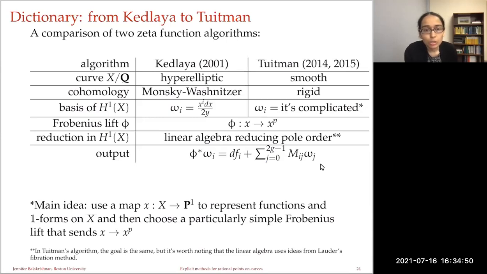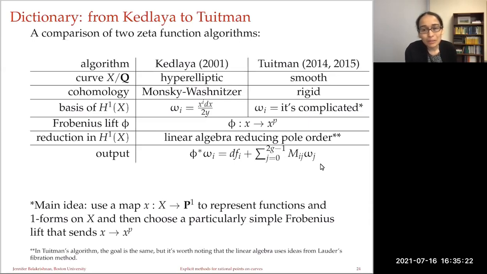So Tuitman wrote 2 papers where he extended these ideas, computing the action of Frobenius now on rigid cohomology for smooth projective curves. The basis of cohomology that's used, or the basis of H^1, is a bit more complicated. So we saw for hyperelliptic curves, we just chose x^i dx over 2y.